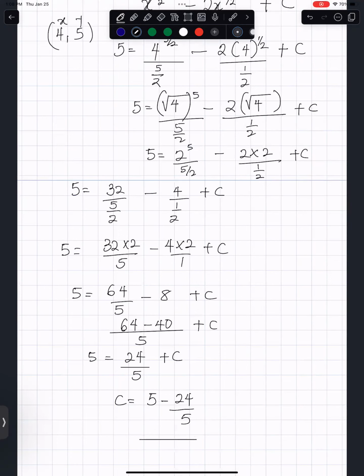Looking for the lowest common multiple, I have my 5, that's 25 minus 24. So the C value will give us what? 1 over 5. So this is what we have.